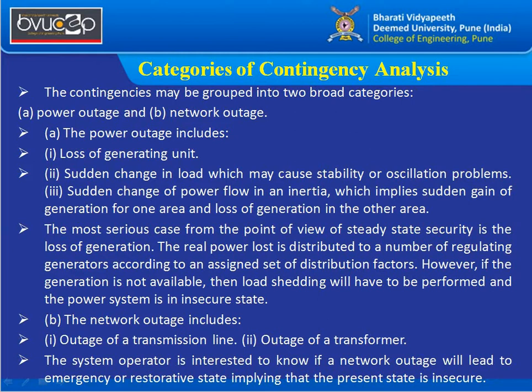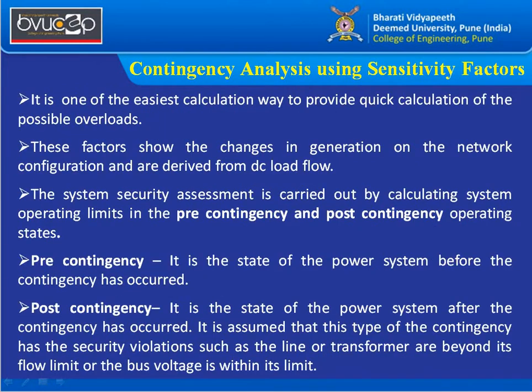These two depend on the thermal limit carrying capacity, because if the thermal limits are exceeded, mostly in the transmission network, these two problems occur. So the system operator is very interested to know about these network outages, which will lead the system into the emergency or restorative state, and thereby the system is going into an insecure state. When the system goes into these two states, we need to take the necessary action to get the system back to the normal state.